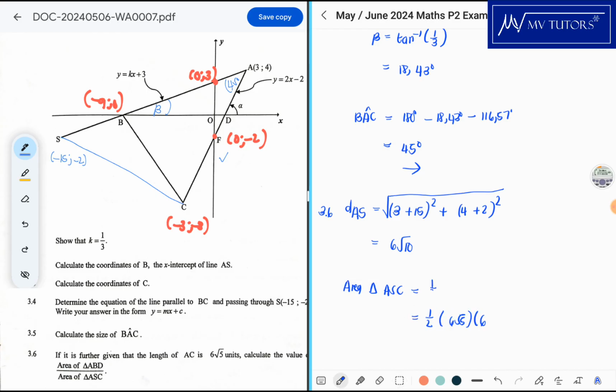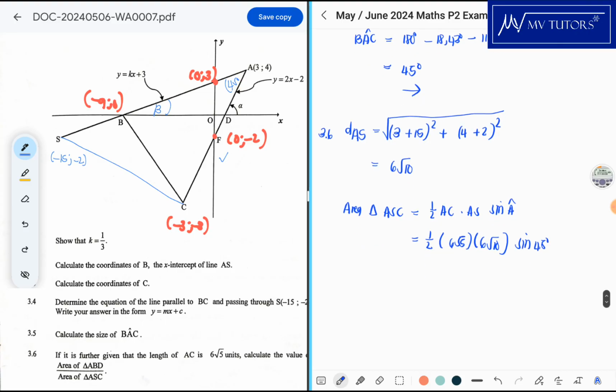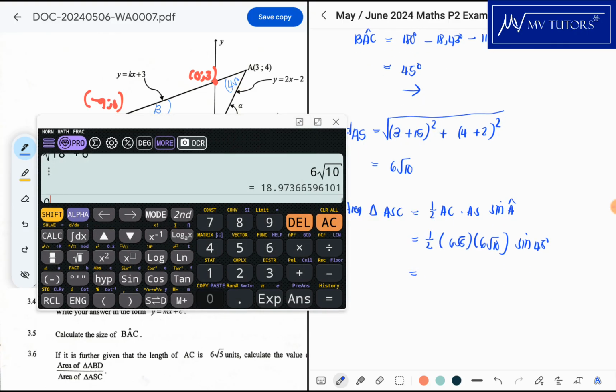So we can say half AC times AS sine A. So AS, we just calculated it. It's 6 root 10. And then sine 45. Again, going to put this into the calculator. So we have a half times 6 root 5 times 6 root 10 and times sine 45.